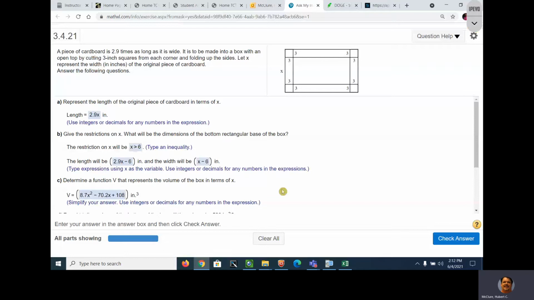And draw a line here, a line here, a line here, and a line here. This is 3 inches, 3 inches.